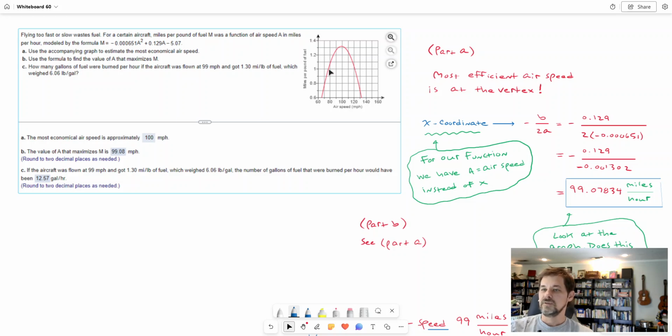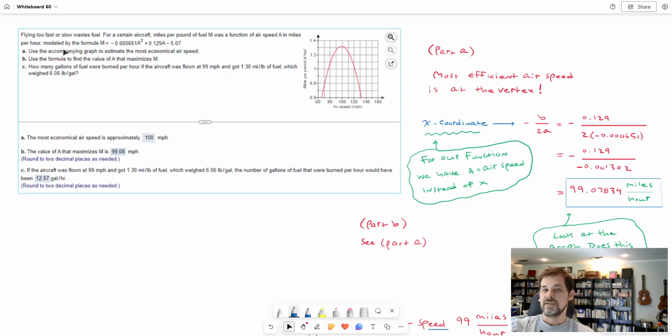So it looks like the most efficiently the plane uses fuel is about right there, where the plane will get about 1.3 miles per pound of fuel at the best, okay? As opposed to right here, 1 mile per pound of fuel. What would be better, if the plane got 1.3 miles for every pound of fuel that it used, or if it was over here at 0.8 miles per pound of fuel? Obviously, that point at the top is the most efficient, okay?